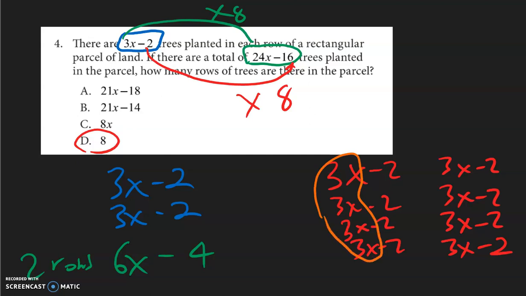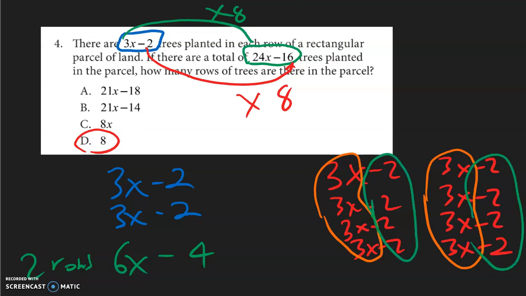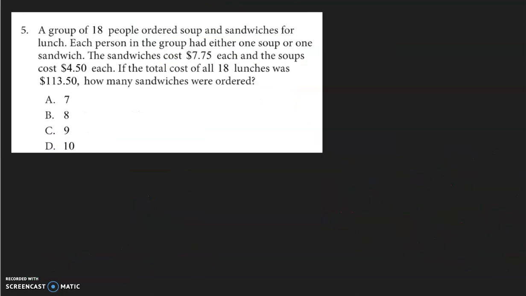So here we have 8 times 3, which is the 24x, and then the constant term. We have 8 times negative 2, which gives you the negative 16. So letter D.